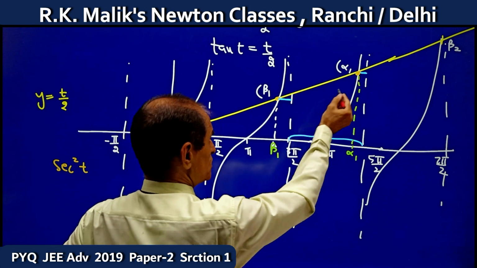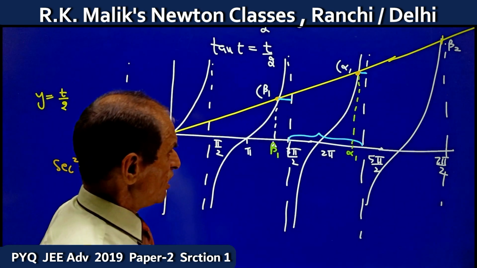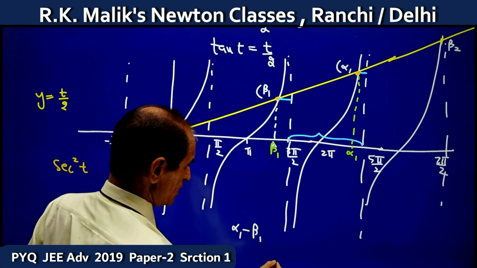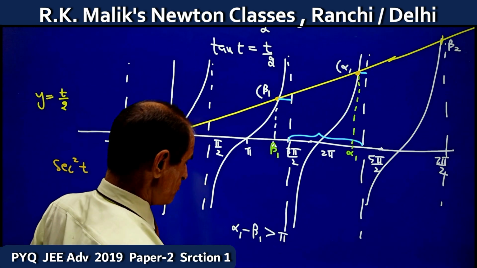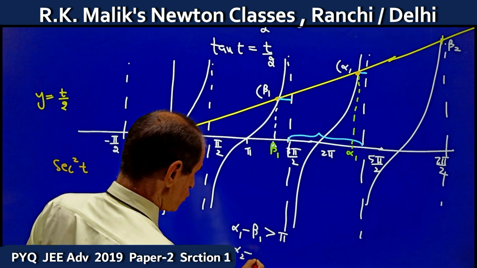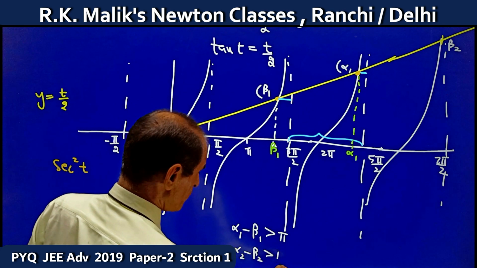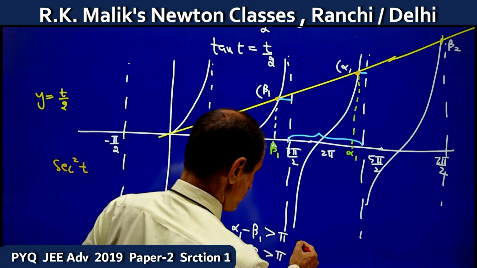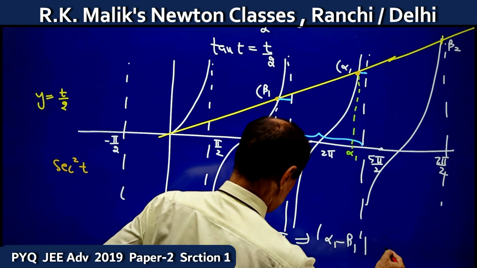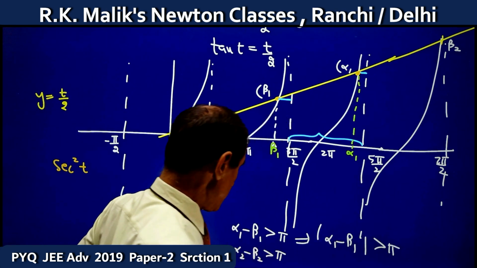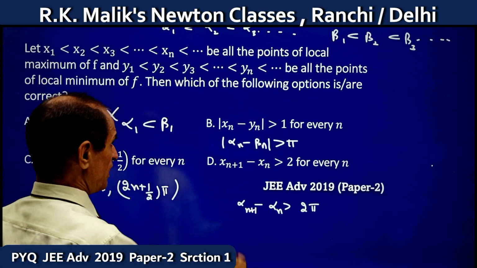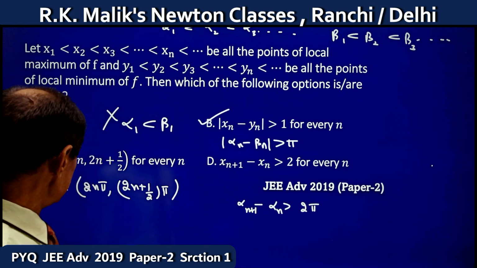And because this is more than this, I can say alpha 1 minus beta 1 is greater than pi. In a similar way, alpha 2 minus beta 2 is more than pi, and this means alpha 1 minus beta 1 mod is also more than pi, because alpha 1 minus beta 1 is a positive number. Hence, I can say B choice is correct.